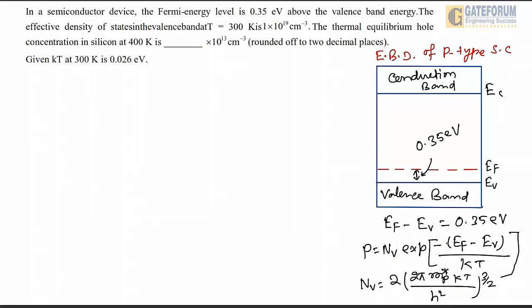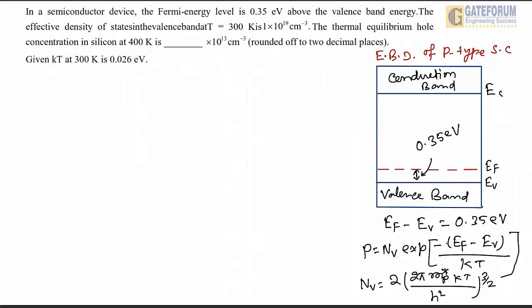So the question here is: in a semiconductor device, the Fermi energy level is 0.35 electron volt above the valence band energy. The effective density of states in the valence band at T equal to 300 degree Kelvin is 1 into 10 raised to 19 per centimeter cube.